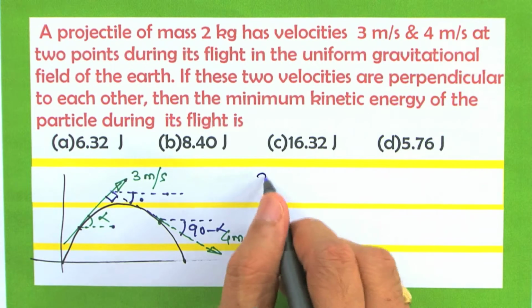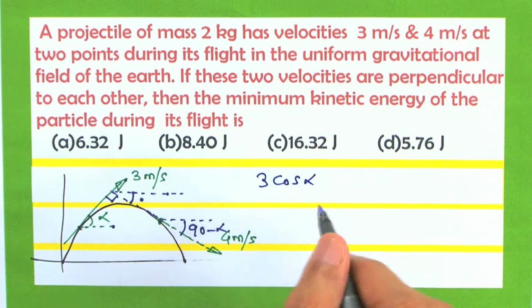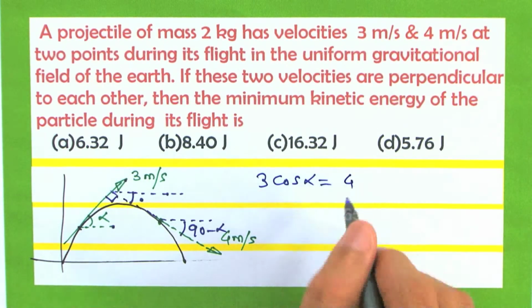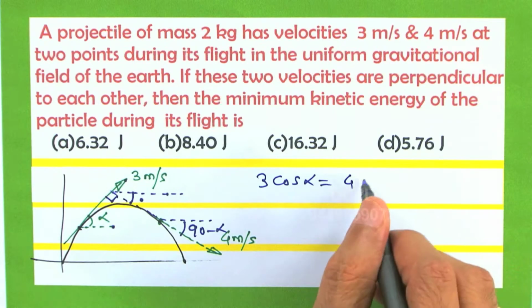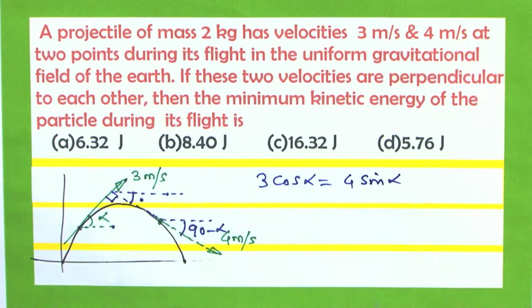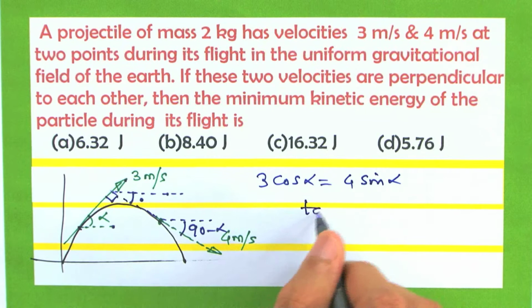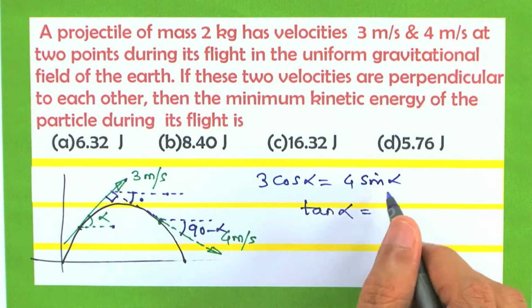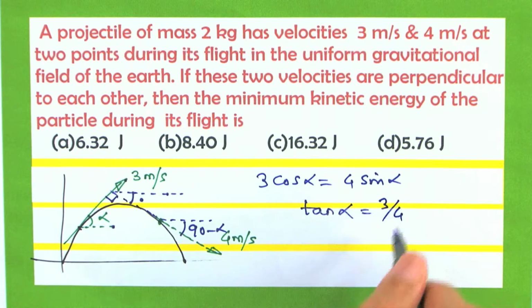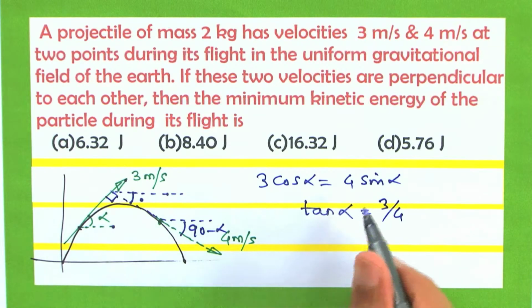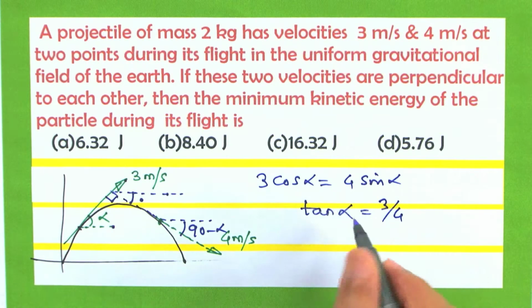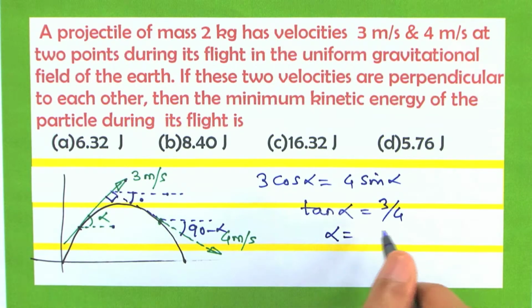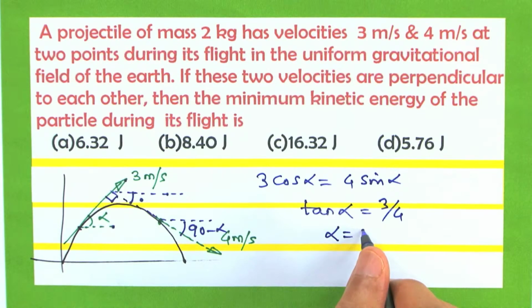So, I will say 3 cos alpha is equal to 4 cos(90 minus alpha), which is nothing but 4 sin alpha, and that gives me tan alpha equal to 3 by 4. Tan alpha is equal to 3 by 4, or alpha is equal to, I think, 37 degrees. Alpha is 37 degrees.